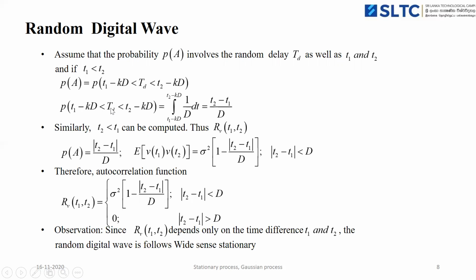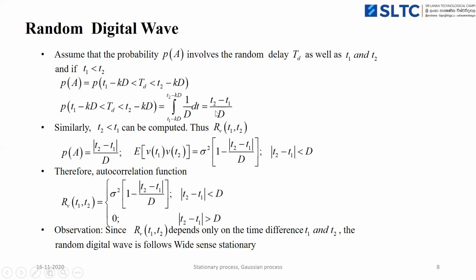For the delay t_d, the limit varies from t1 minus kT to t2 minus kT, and because the delay is uniformly distributed from 0 to D, the PDF for the delay is 1 by T, and we differentiate and then integrate.